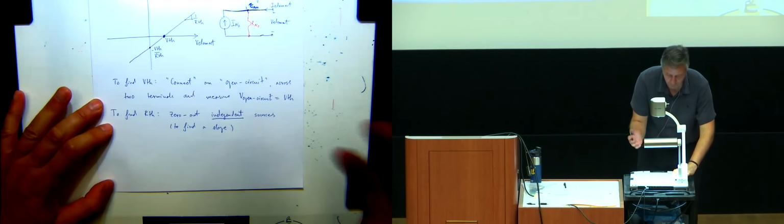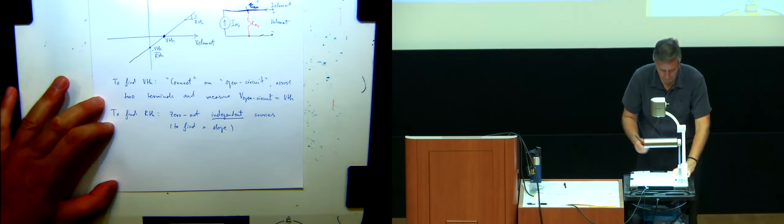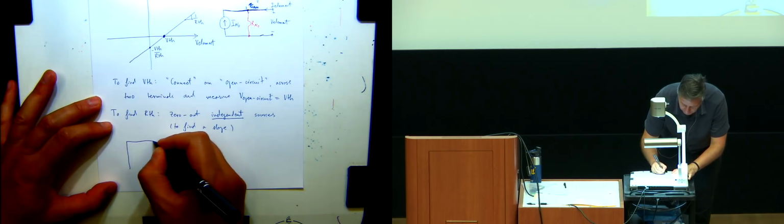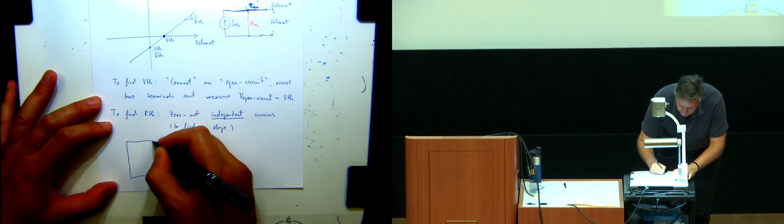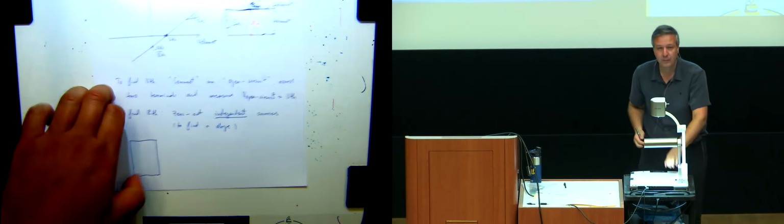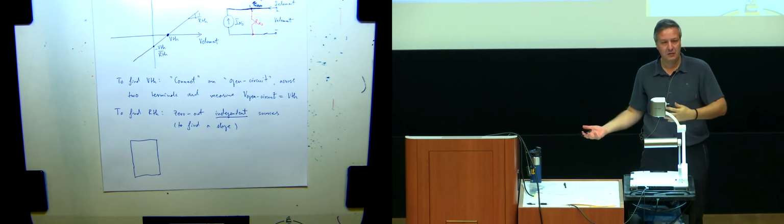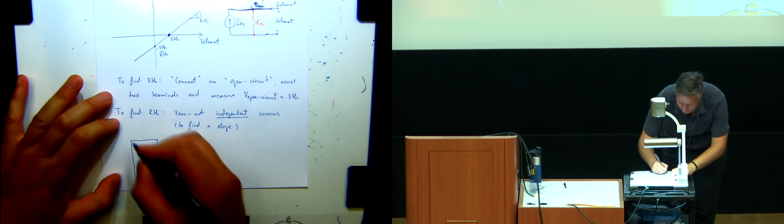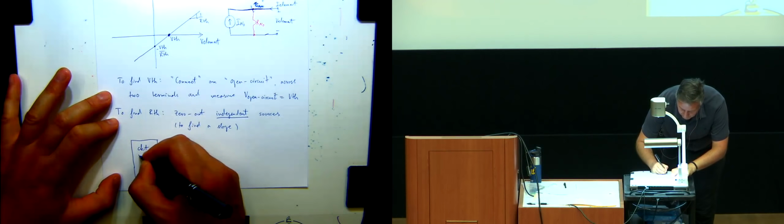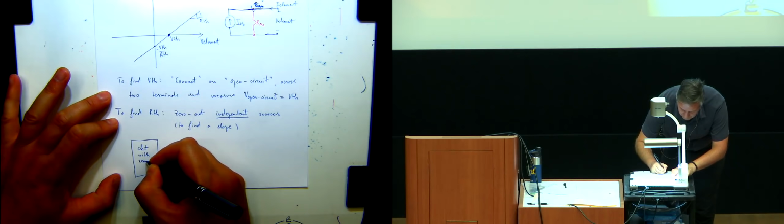So there are two methods for doing this. And as we'll see shortly, once you get a little practice, for some topologies in circuits, one method is easier, and for the others, the other method is easier. So this is a circuit with zeroed sources.